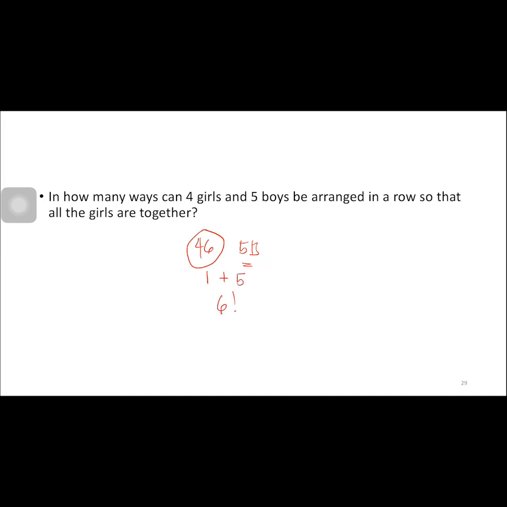So 6 factorial times the arrangement of the 4 girls, that's 4 factorial, times the arrangement of each of the boys, 1 factorial times 1 factorial times 1 factorial times 1 factorial times 1 factorial. So we have there 17,280.